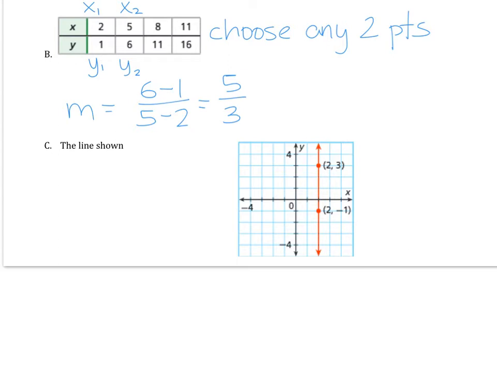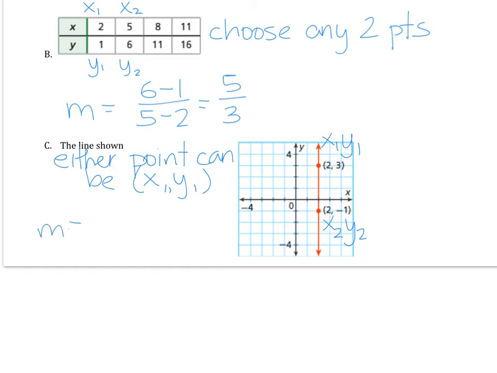And from a graph, you may note that that is a vertical line. If you don't know the slope of a vertical line, you still have to do 2 points. Identify one as x1, y1, x2, y2. Either point can be x1, y1. Does not matter.